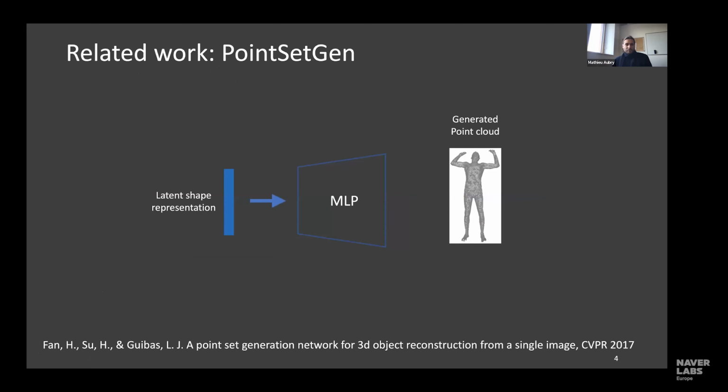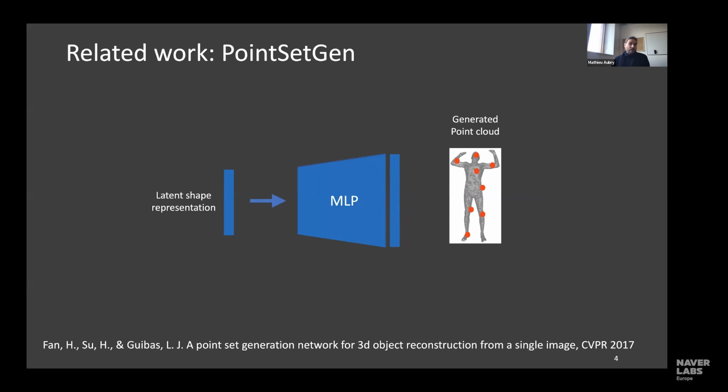At this point, the main new fancy method to generate 3D shapes was point set gen. The core idea of point set gen is pretty simple. You have some shape representation, you forward it to a multi-layer perceptron, and you get a 3 by n output vector that you interpret as n 3D coordinates for your point cloud. So that generates your point cloud.